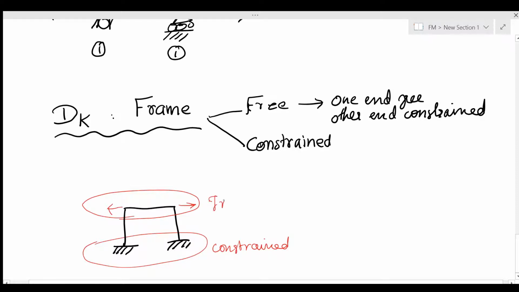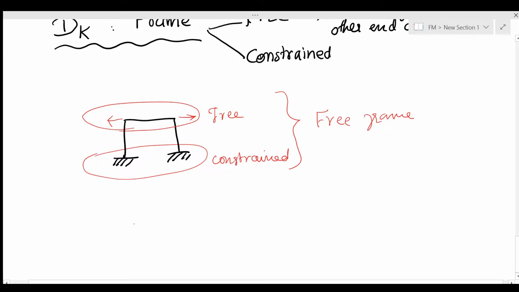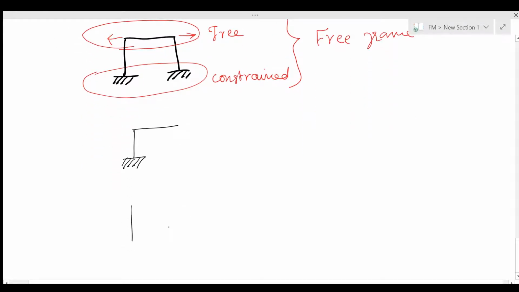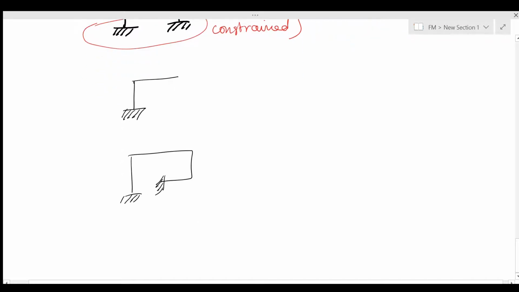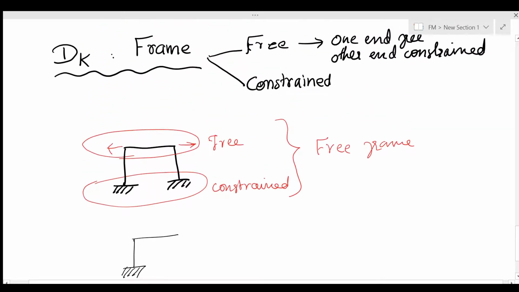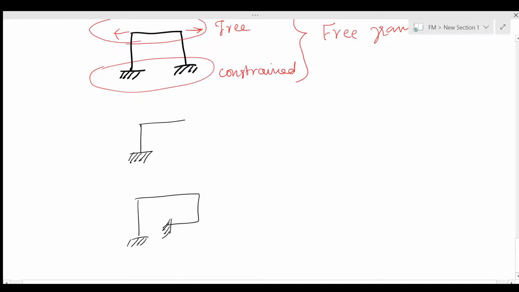So this end we can say it is free. So these types of frames are known as free frames. Let us see some more examples. For free frames we have, see, one end is free, another end is constrained. You will be wondering what the constrained frames will be. So let us see what constrained frames are. So these are some examples of free frames. Now coming to constrained frames.